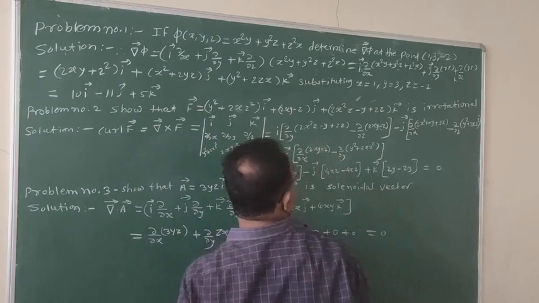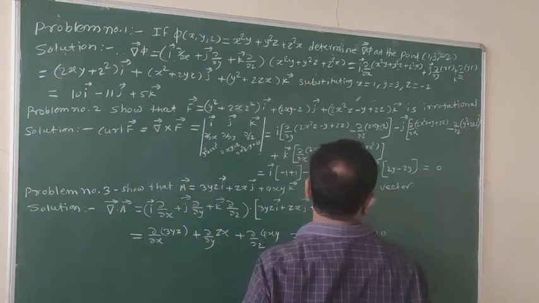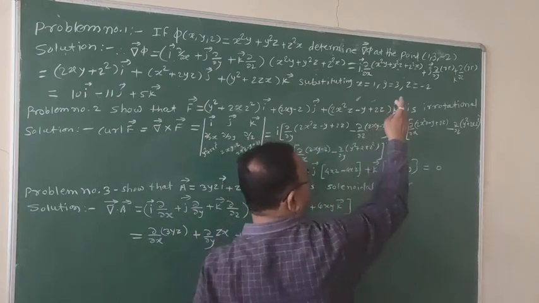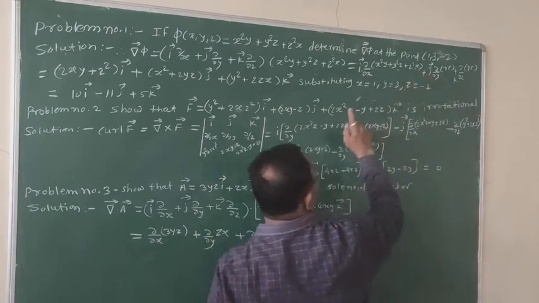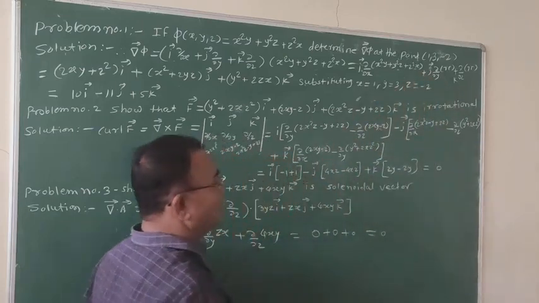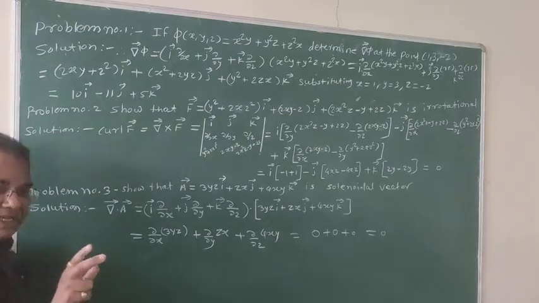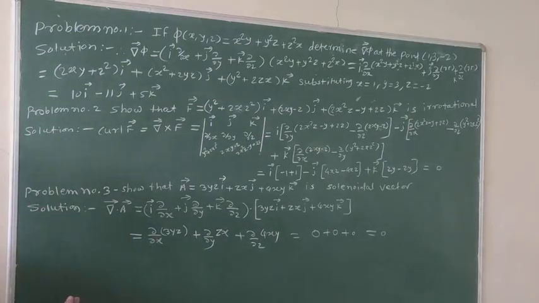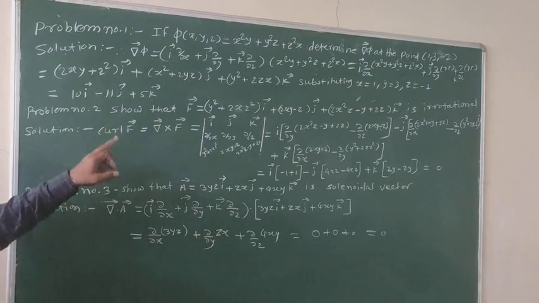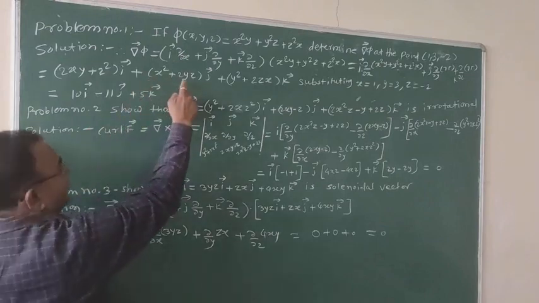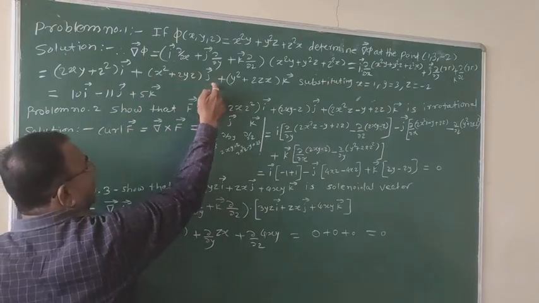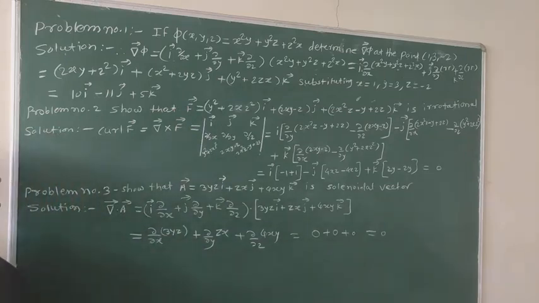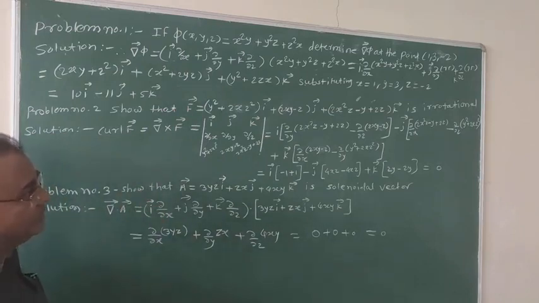In a similar way, we take the partial differentiation of the function phi with respect to y. In this case, y is the variable, x and z are constant, and we have x square plus 2yz into j bar as it is. In the same way, we take k bar into the partial differentiation with respect to z.